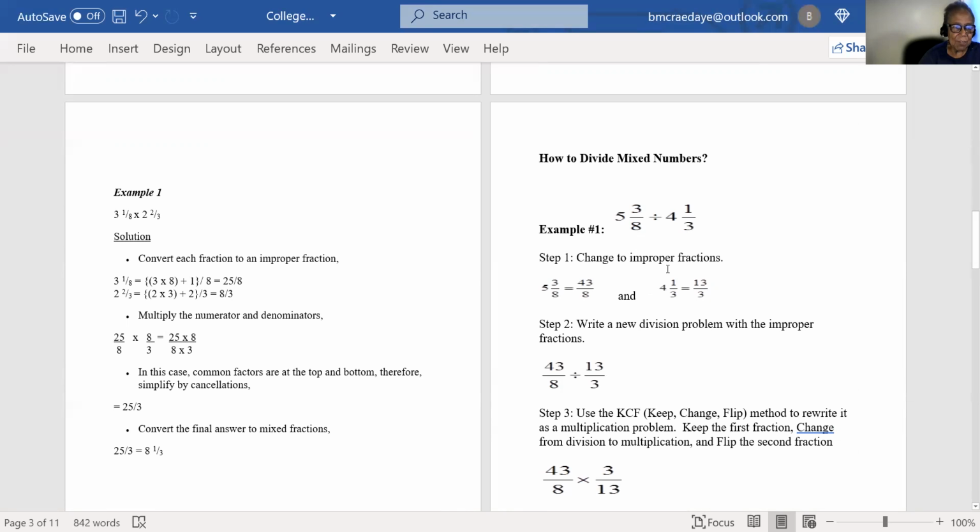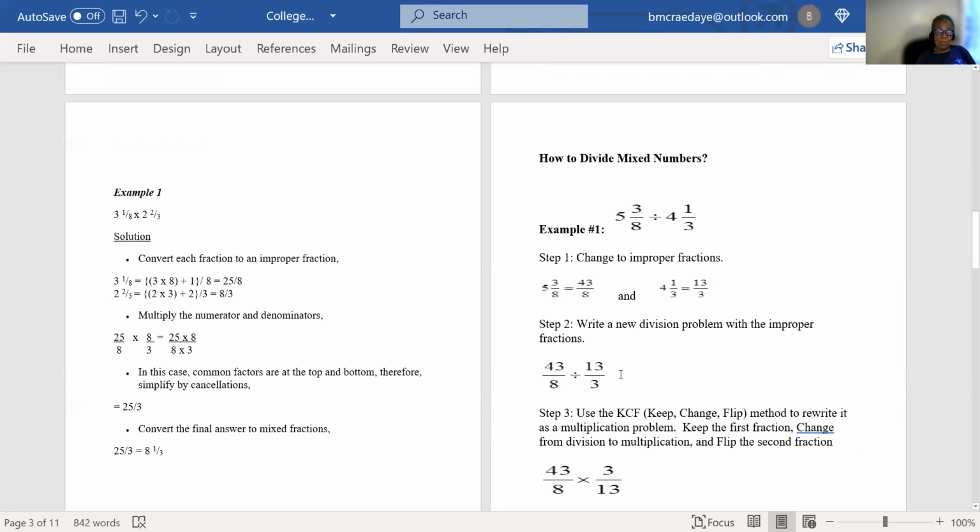Do the same for the 4 1/3. 3 times 4 is 12, plus 1 is 13. So 13 over the denominator 3. So now you just write a new division problem with the improper fractions: 43 over 8 divided by 13 over 3.